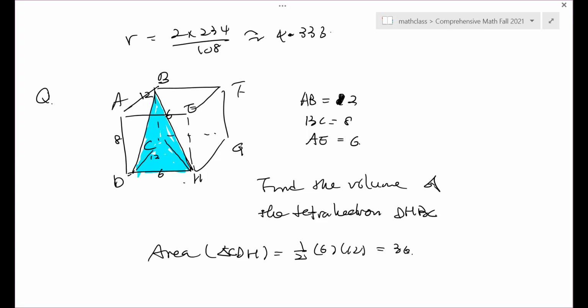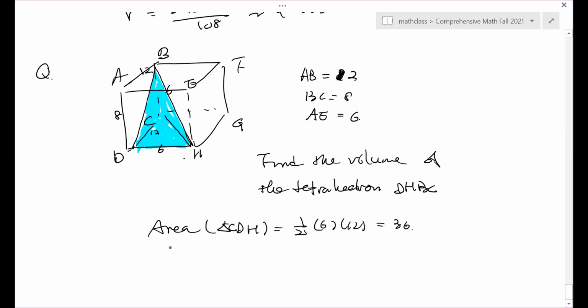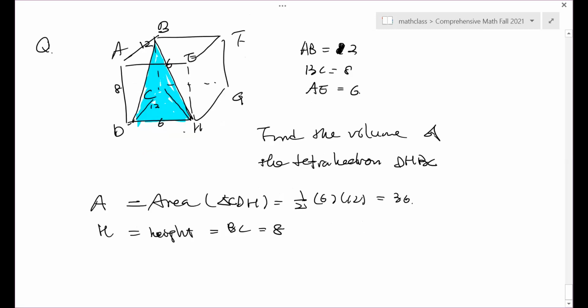So this is like a solid cone over the triangle. The height, we call it maybe H, don't be confused with the letter A, of this cone is just equal to BC, which is 8. We remember the volume of a cone is one third of the base area times H. So one third times 36 times H.